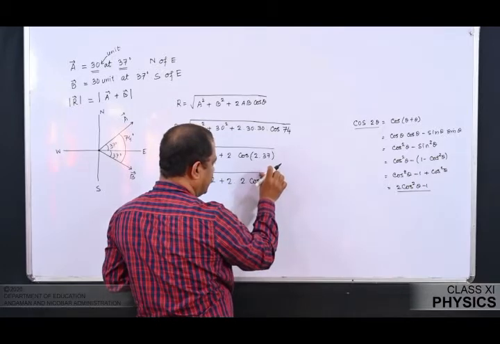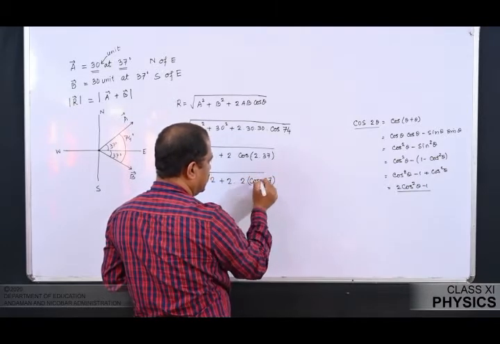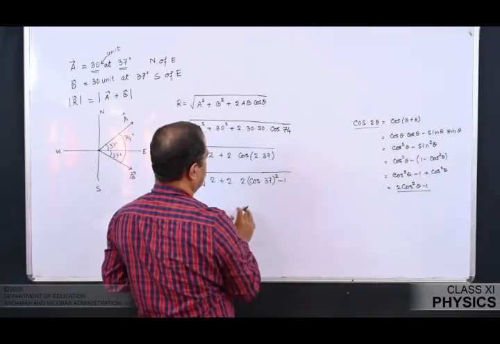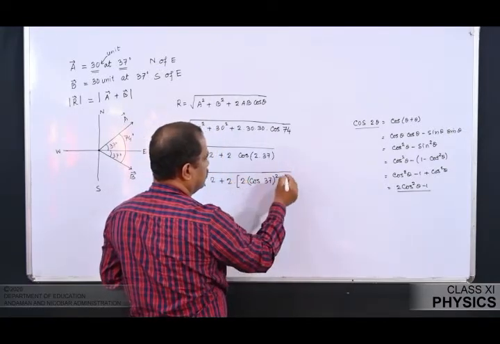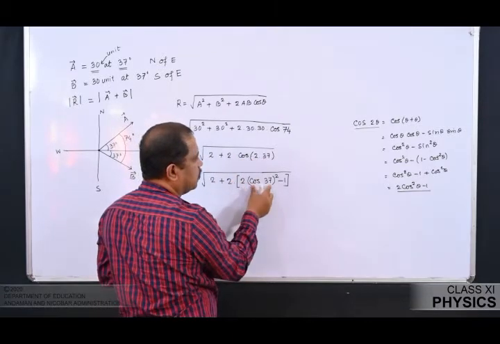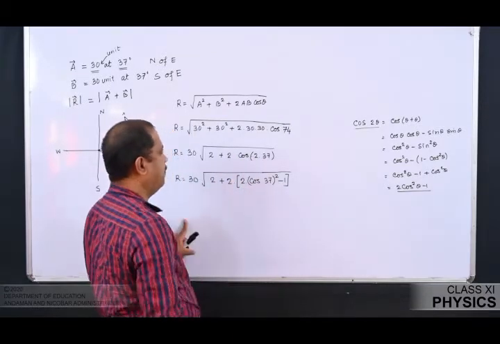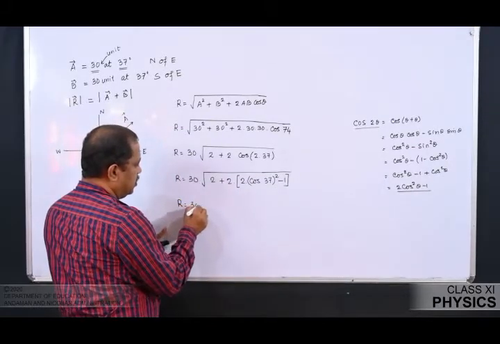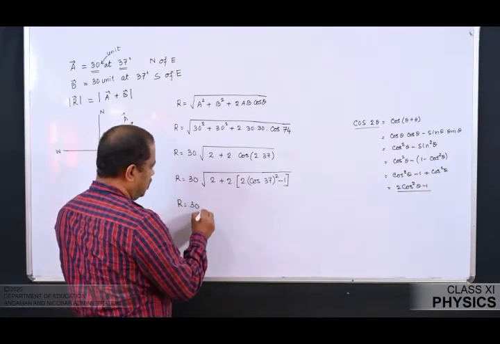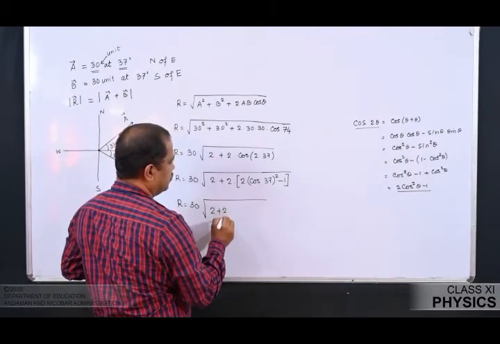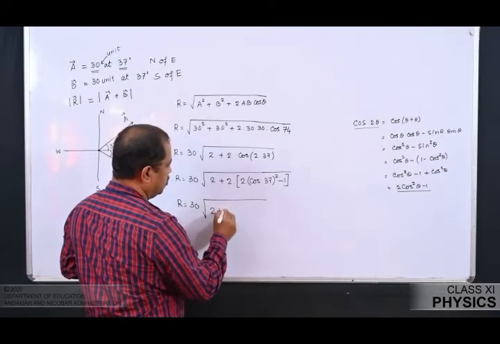Instead of writing like this, I can write square minus 1. If that is the case, then R is equal to 30 under root 2 plus 2, or if I open the bracket, this is going to be 4 times cos square 37 minus 2.